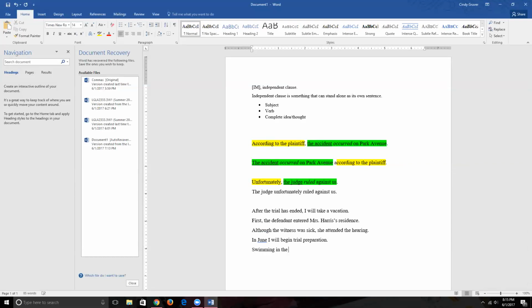Swimming in the ocean, I got salty water in my eyes. This is another example of introductory material that you put a comma after. This is a gerund, or this is a present participle. So there's lots of different ways to start introductory material.